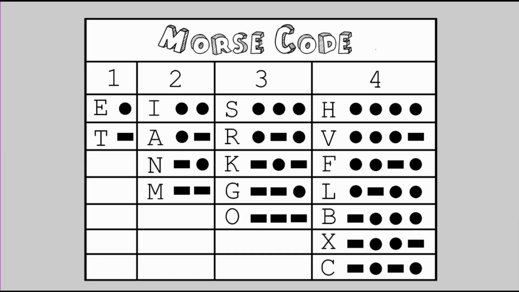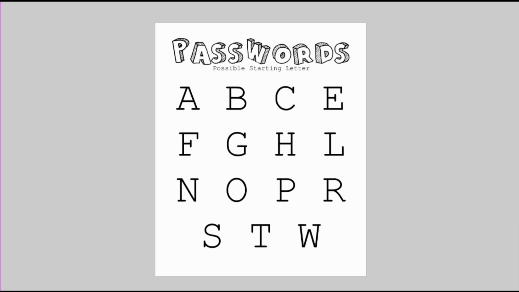Now, on to passwords. On passwords, on the first column that is read out, which will consist of 5 total letters, there's only 15 possibilities of the 26 letters in the alphabet in terms of the first letter of the answer.